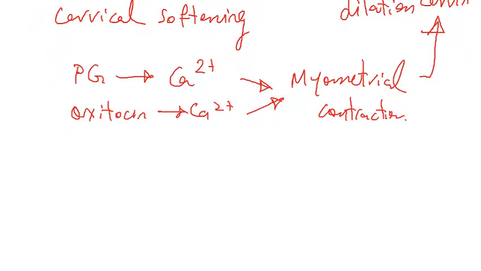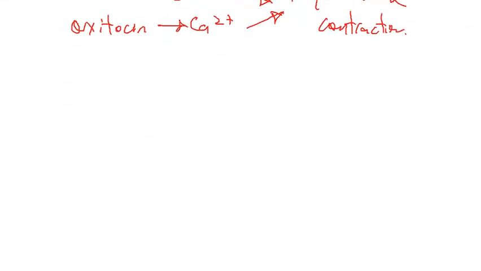All right, now next let's talk about lactation. So there are mammary glands or breast, which consist of lobules that has clusters of alveoli or acini.